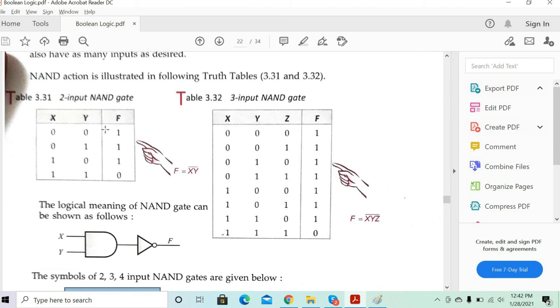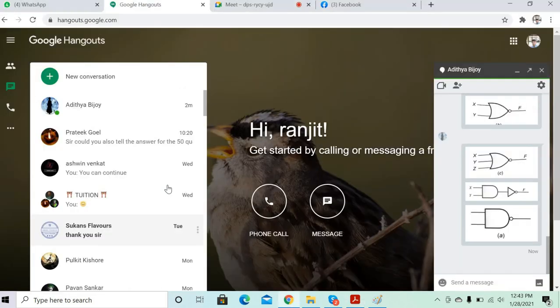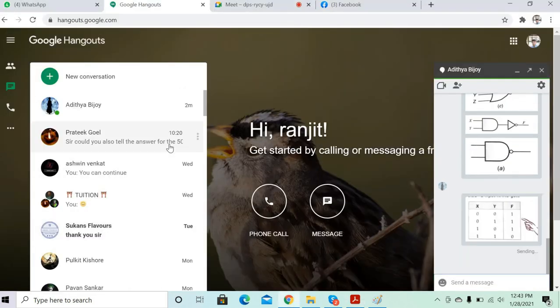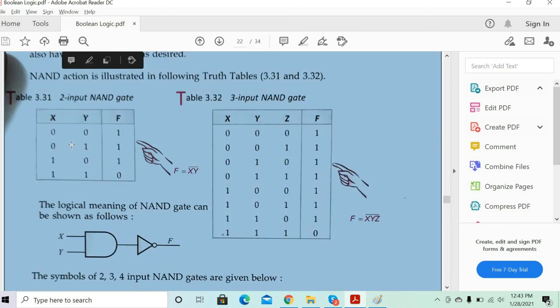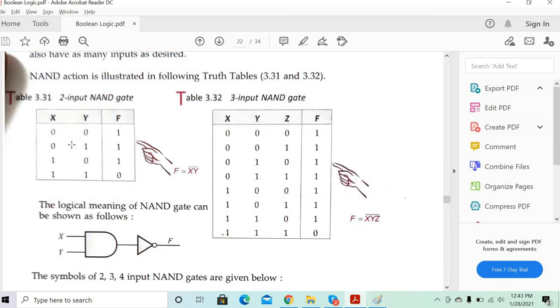So when both the inputs are 1, the output is 0, and in all the other cases, the output is 1. For 0, 0 the output will be 1 because AND gate output is 0, so after the NOT gate it becomes 1. For 0, 1 the output is 0, then changed to 1. For 1, 0 the output is 0, changed to 1. For 1, 1 the output is 1, changed to 0.